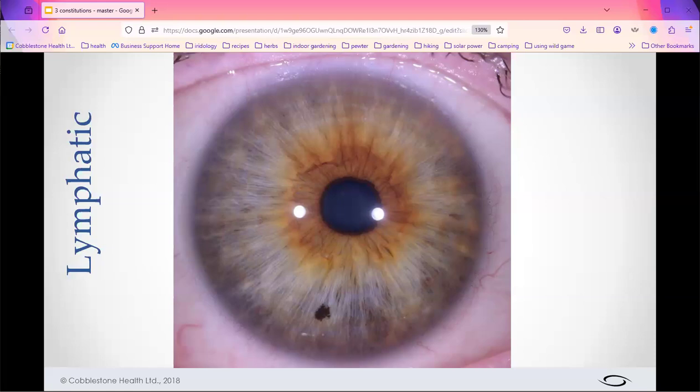Deal with the root. So that's the tip of the iceberg introduction to the first constitution of the three we're doing. So your lymphatic irides tend to be people whose bodies run a little too acidic. Again, that's not the same as stomach acid.